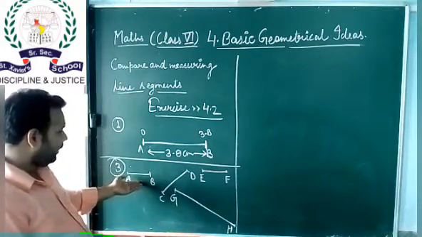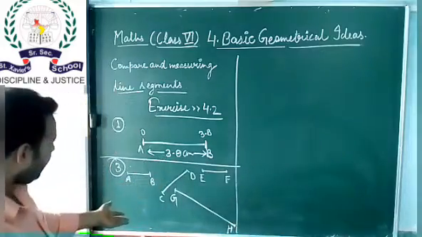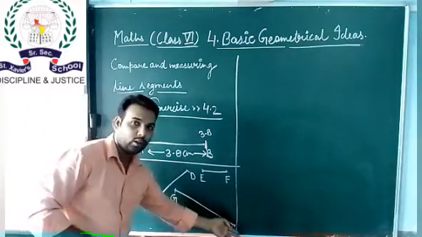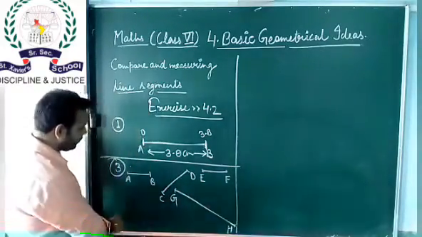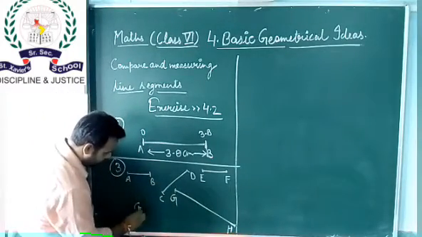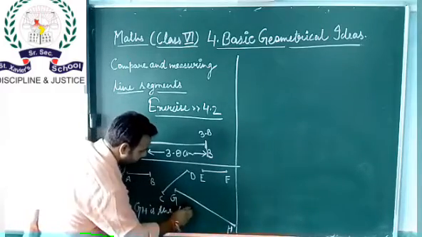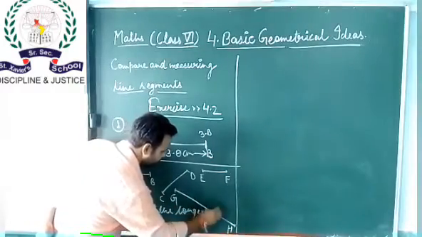So AB, CD, EF and GH. By checking we find GH is the longest line segment, then you have to write here, GH is the longest line segment.